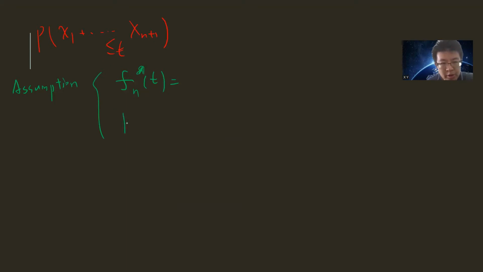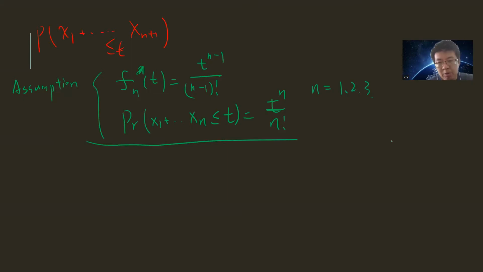The assumption is that the probability of x1 plus up to xn less than or equal to t will be t to the n divided by n factorial. If n is 2, it's t squared divided by 2, and it matches. I already proved that it works for n equals 1, 2 and 3. I want to assume this is correct and show it is correct for n plus 1. This is the standard mathematical induction, which is very simple.